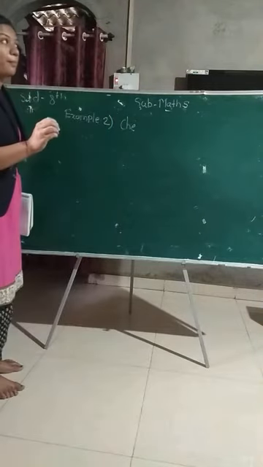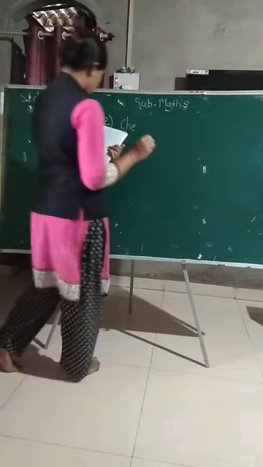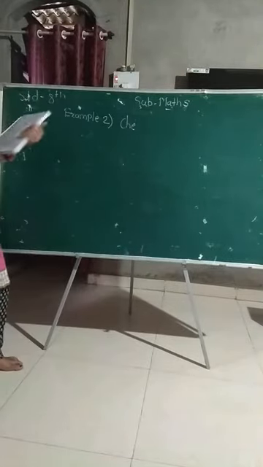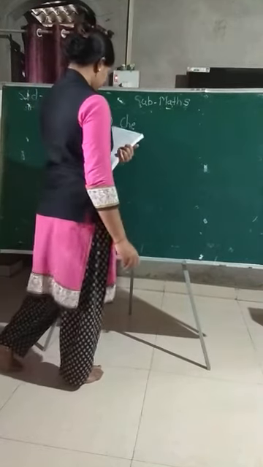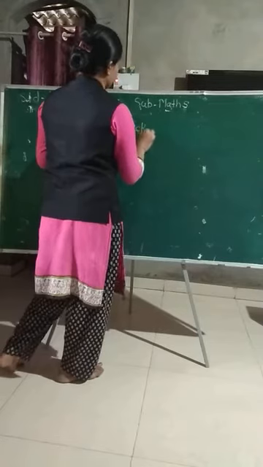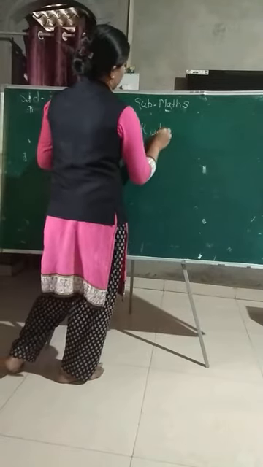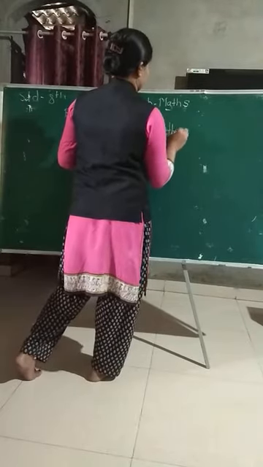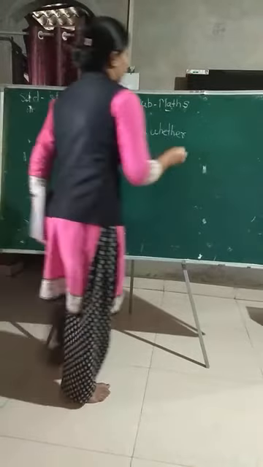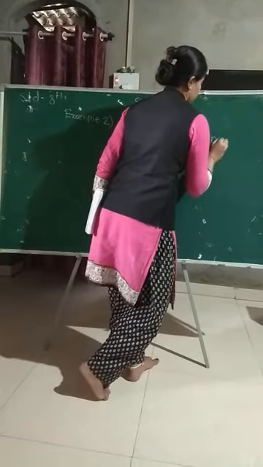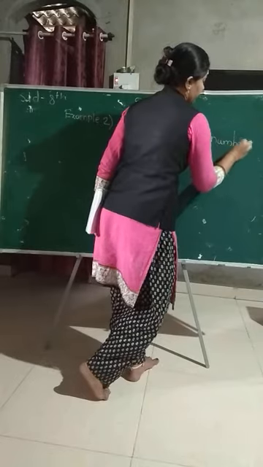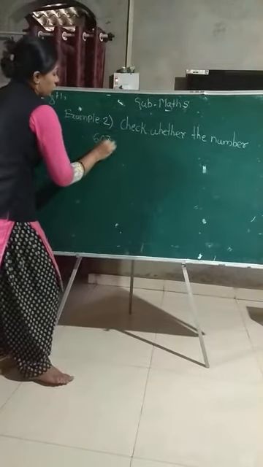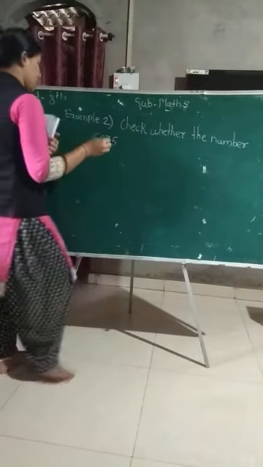Here we also use the prime factorization method. That means here we will also find the prime factors of 6075.